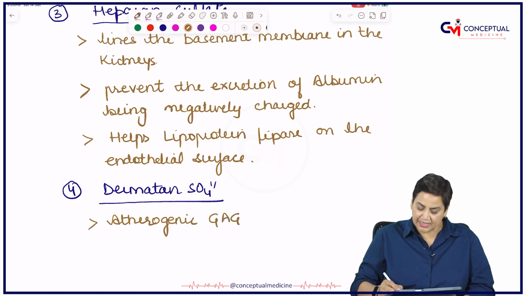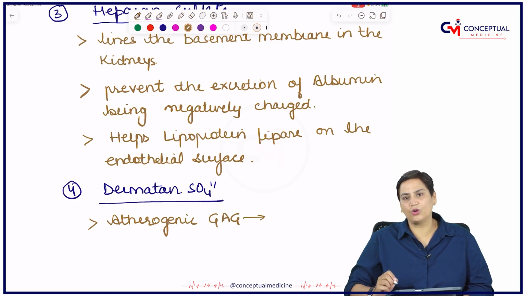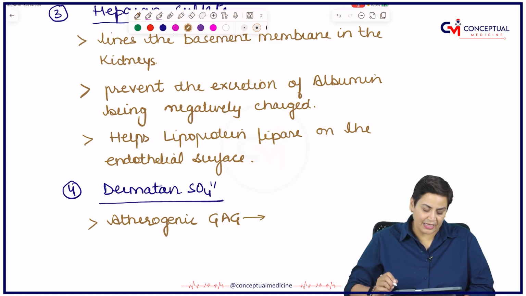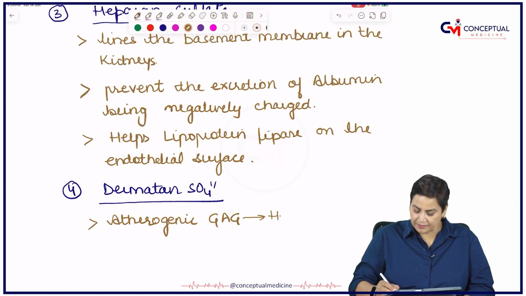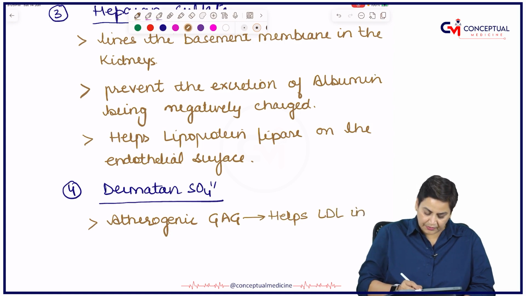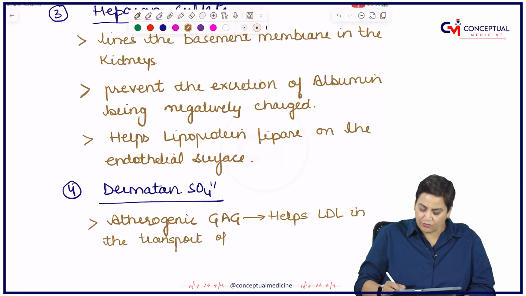It helps in the transport of LDL, and we all know that LDL is known as bad cholesterol because it takes cholesterol from the liver and deposits it in extrahepatic tissues. That is why it is an atherogenic GAG. So it helps LDL in the transport of cholesterol, or you can say the transport of bad cholesterol.